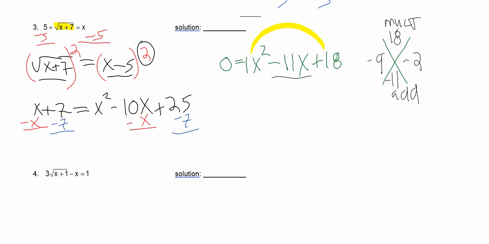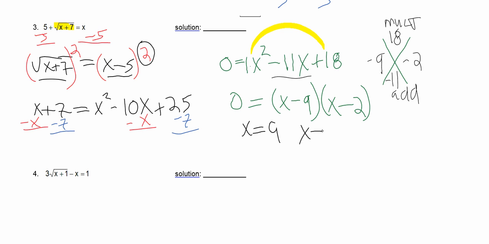That multiplies to get positive 18, and adds to get negative 11. So this looks like x minus 9 and x minus 2 equals 0. So what does that solution give us? It gives us that x equals 9 is a potential solution and x equals 2 is a potential solution.